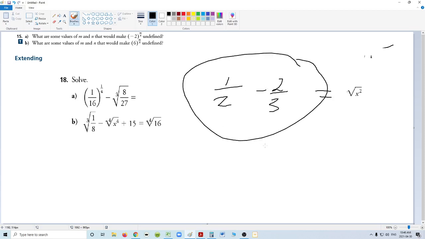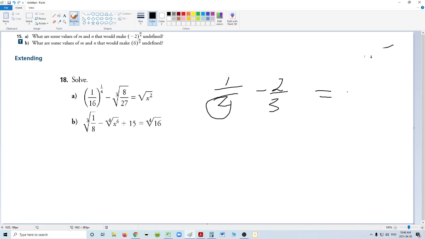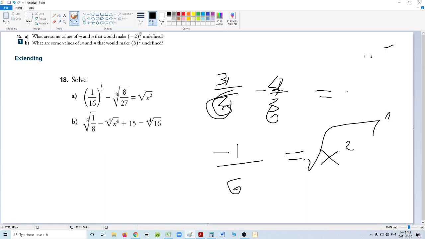What does this become? 1/2 is the same as 3/6 minus 4/6, which is minus 1/6 is equal to x squared. Square both sides. You get 1 over 36 is equal to x squared.